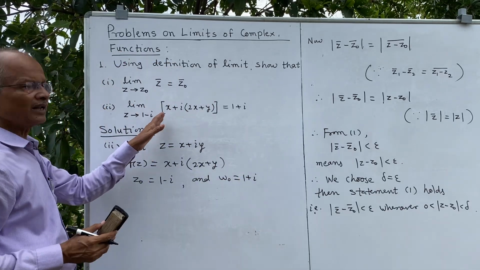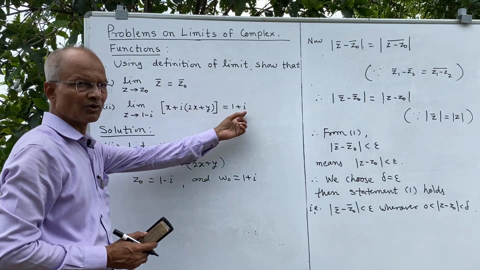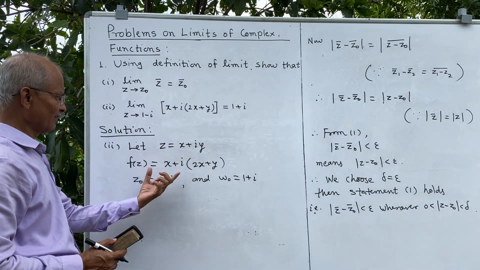As comparing this with limit z tends to z naught, f of z is equal to w naught, we have selected these values.